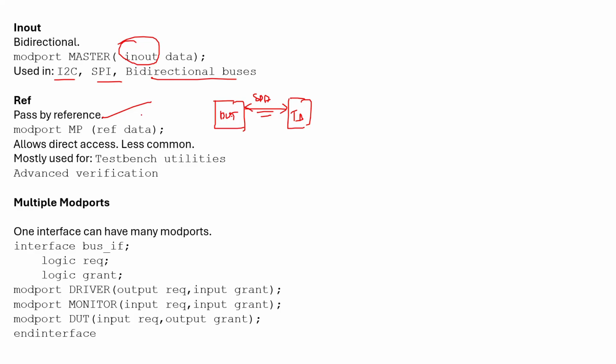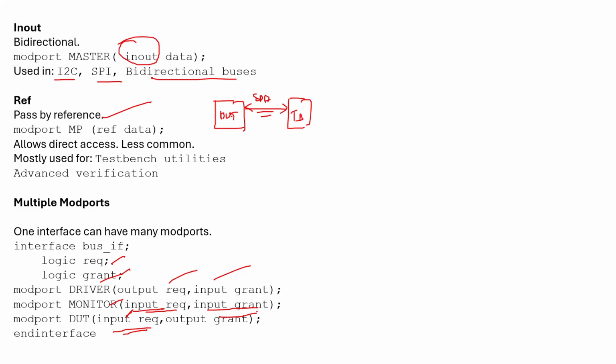See how the modports are represented here? Request and grant. Output is the request, input is the grant for the driver, and the same thing for the monitor. See, the monitor and then the DUT signals are represented the same way here. For the monitor, all the signals are inputs only.